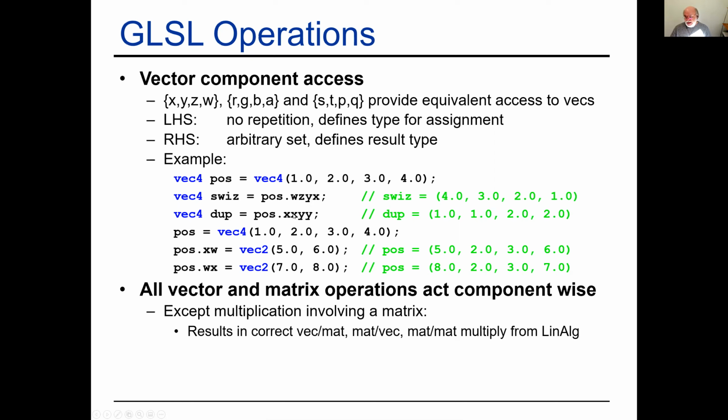But you can also duplicate values, like in the third line here, where you just say, okay, I want twice X and then twice Y. Of course, the number of components that you specify here on the right-hand side needs to match the dimension of the vector on the left-hand side.